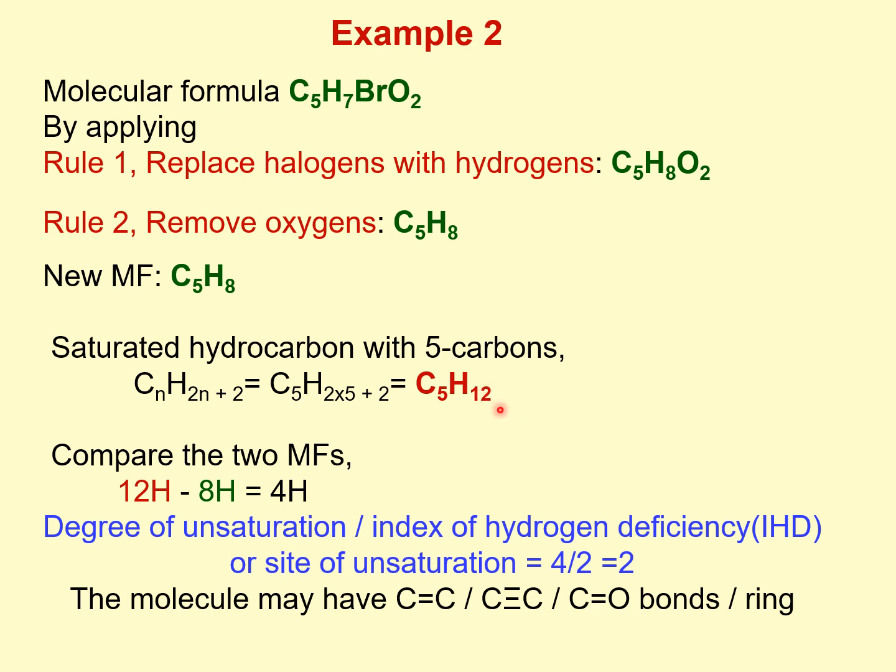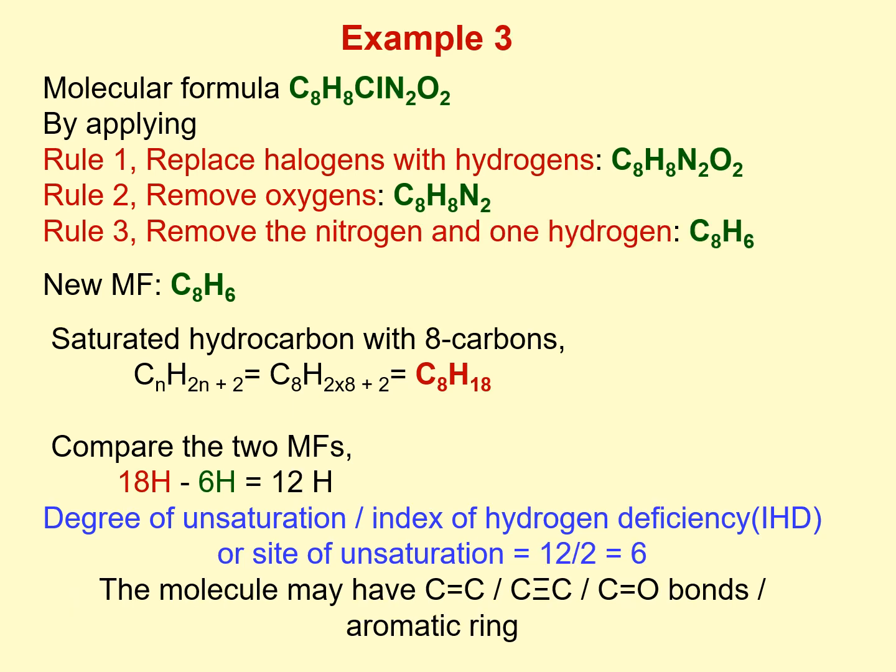We will take the hydrogens present in the saturated analog and the newly generated formula. The difference is 4 hydrogens, which gives a degree of unsaturation of 2, which may accommodate a carbon-carbon double bond, carbon-carbon triple bond, carbonyl bond or a ring.